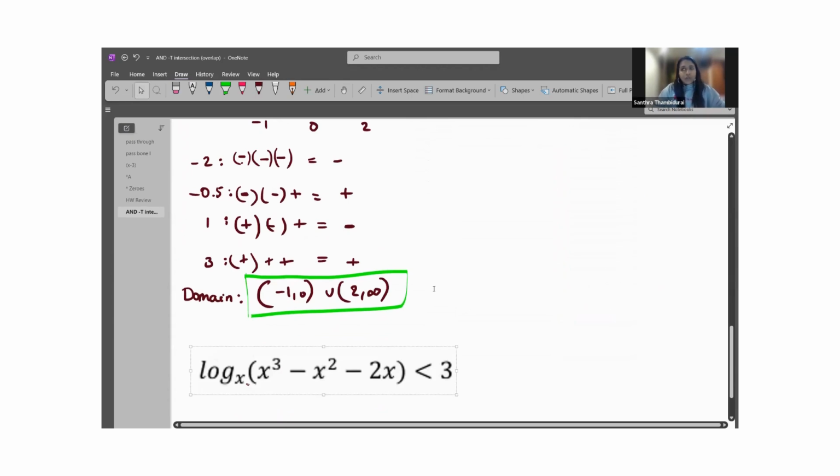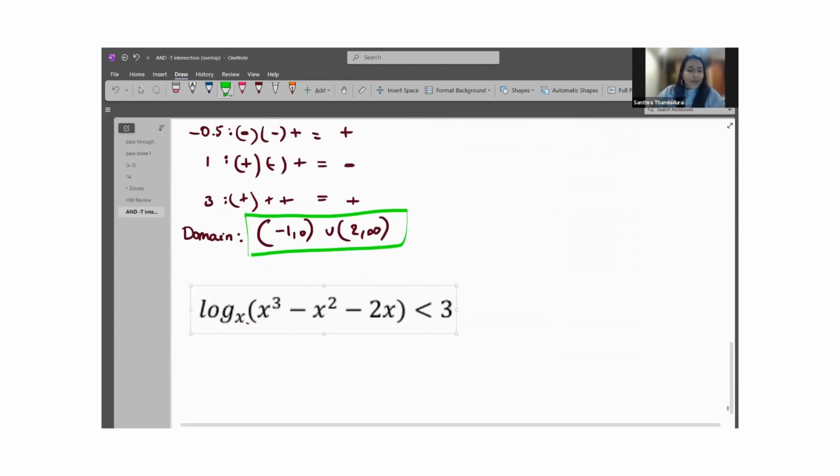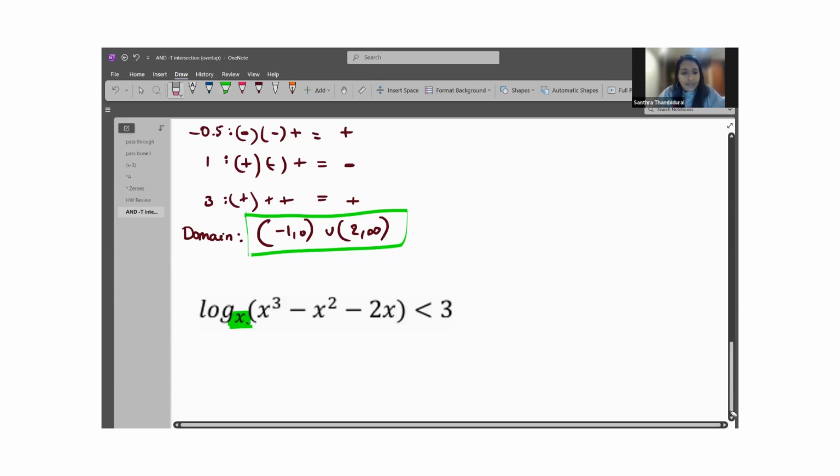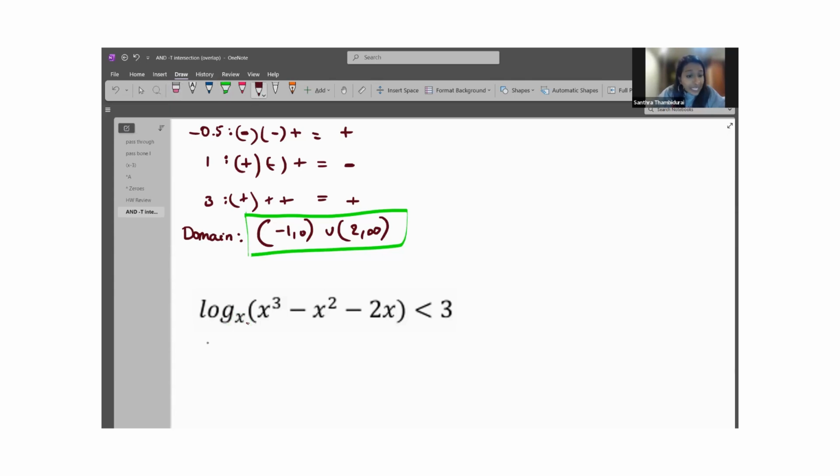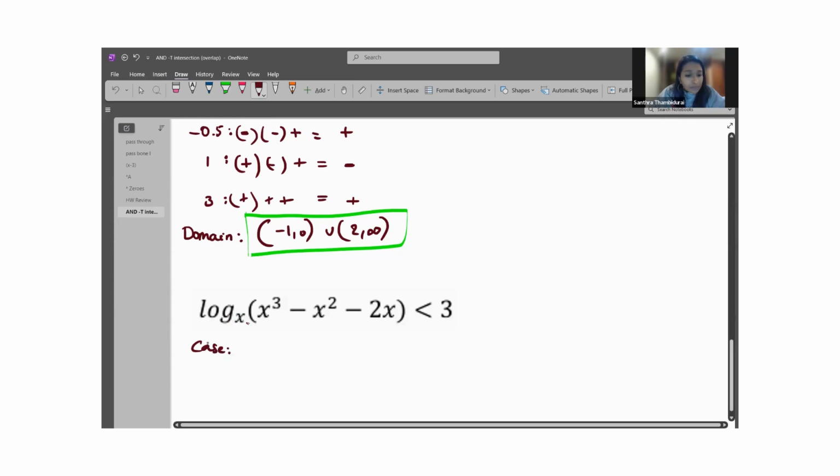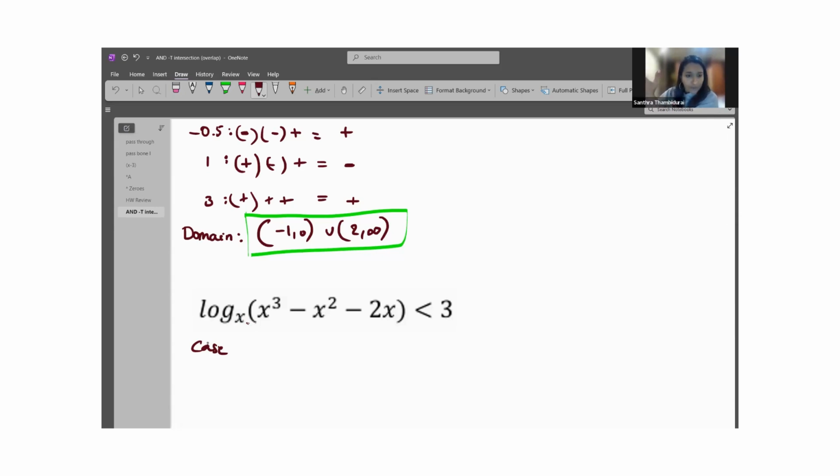This one's a unique problem because you have an x in the base. This is going to cause a problem because remember, depending on if your base is between 0 and 1, or if your base is greater than 1, when you exponentiate it, the behavior of the graph is different, right?